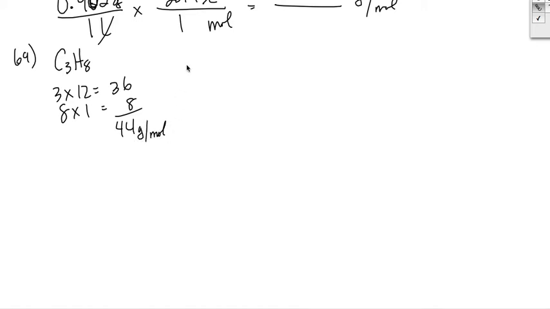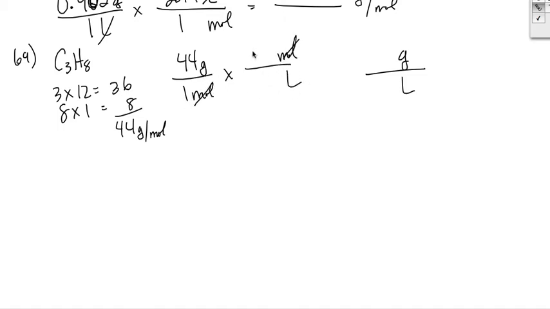Now just look at the units. 44 grams for 1 mole. Well, I want density, which is grams per liter. So I want to convert moles to liters. I want moles to cancel, and I know that 1 mole is 22.4 liters for any gas. So 44 divided by 22.4 is going to give me my grams for 1 liter. Okay? You can do the rest of those for number 69.